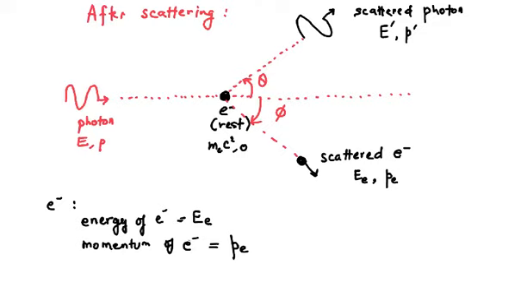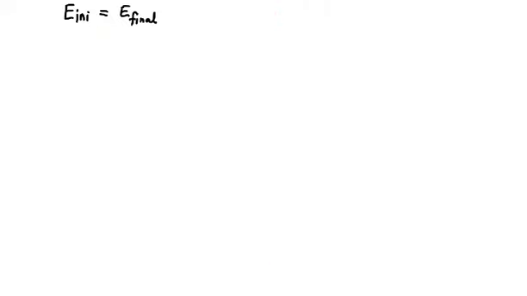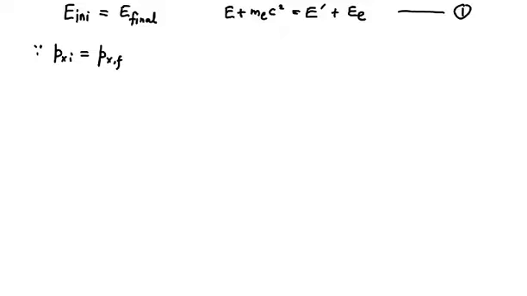This momentum can be resolved into x and y components because it's making an angle phi with the x-axis. Using the law of conservation of total energy, initial energy is equal to final energy, so we get our first equation.